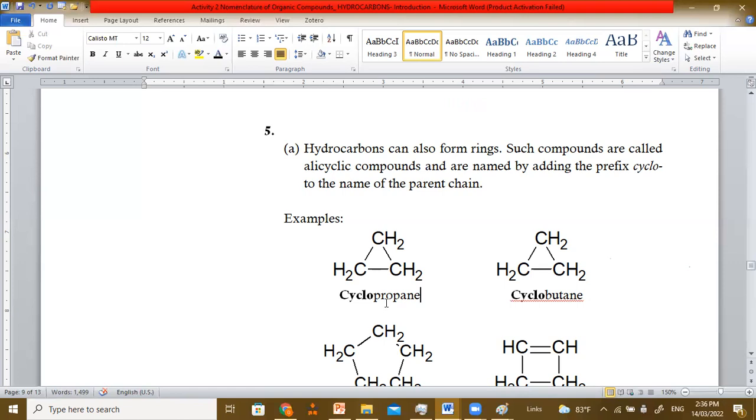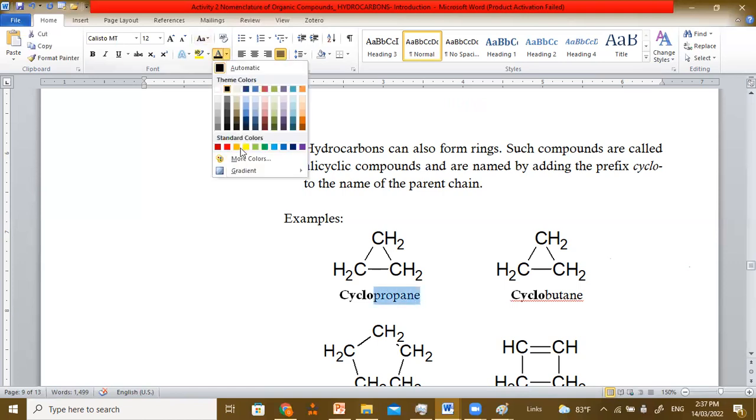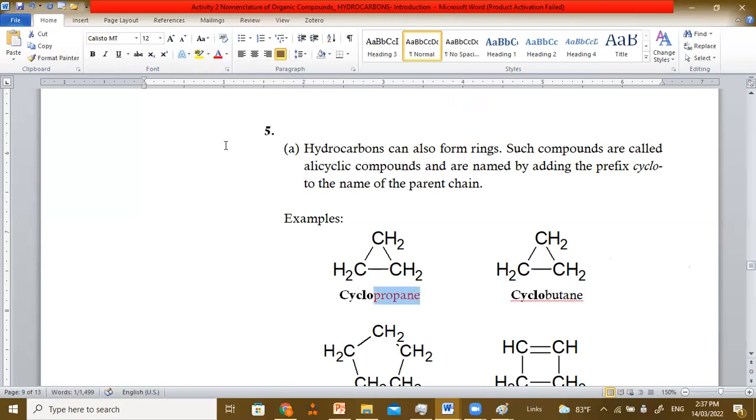When we name, we name based on the number of carbon atoms in the parent chain. For this case, you have 1, 2, 3. That should have been propane, but we add a cyclo prefix, so that's cyclopropane.